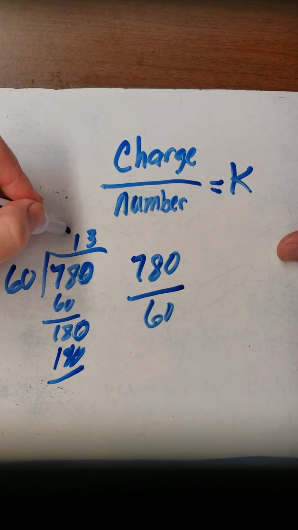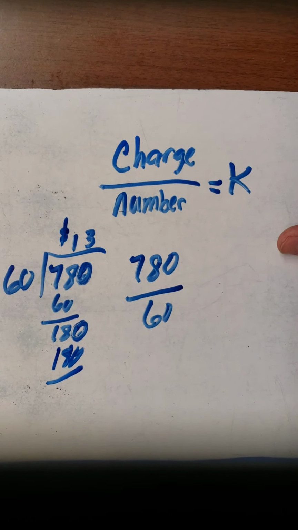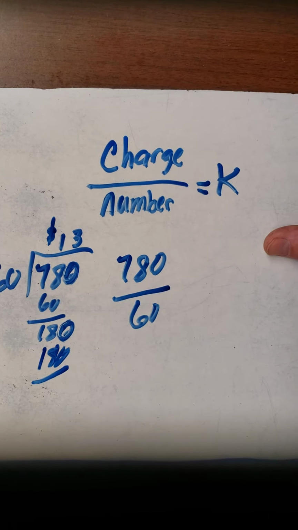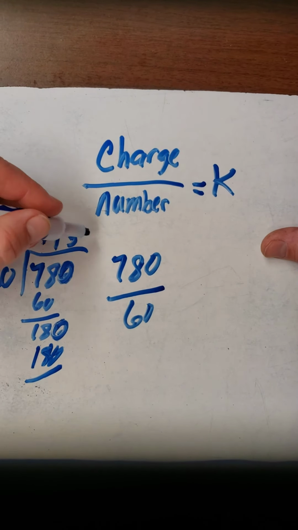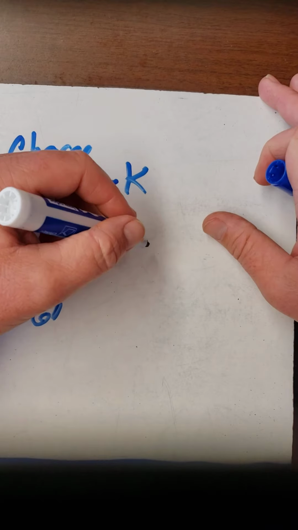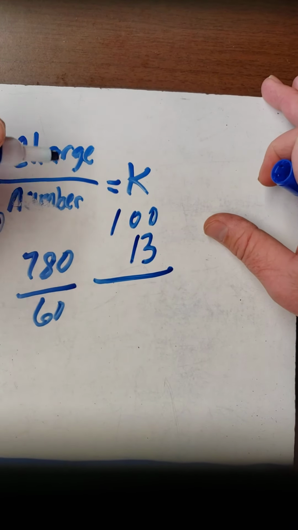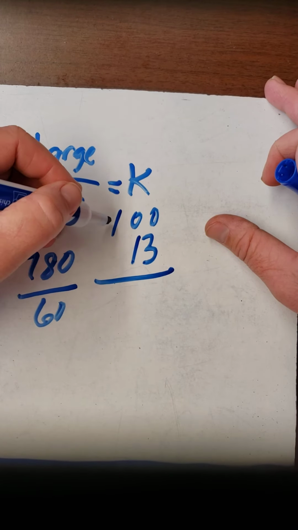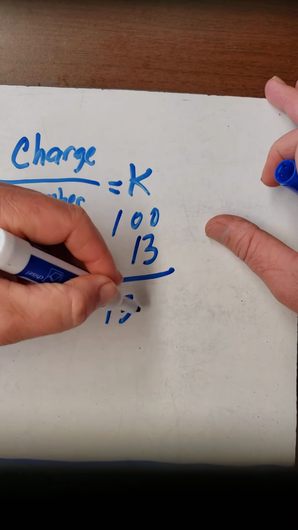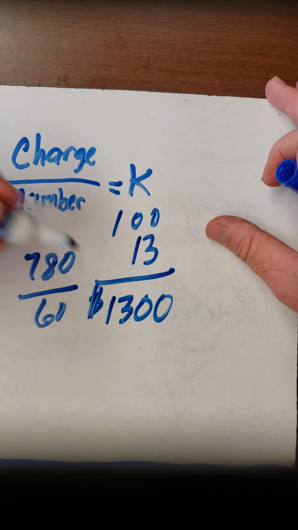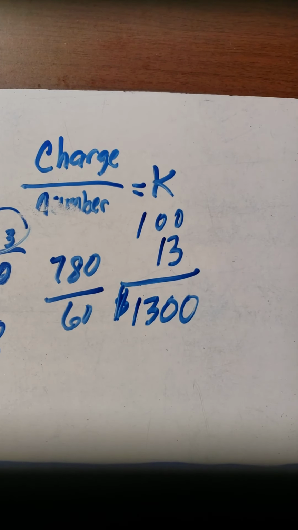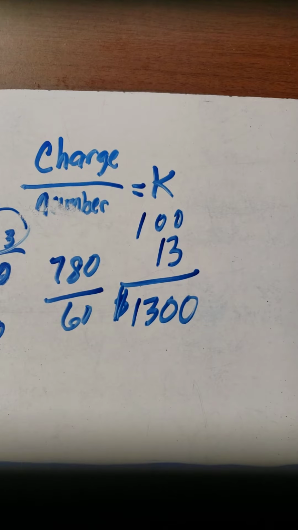So she charges $13 per person. So how do we find out what she charges for 100 people? Well, if we know that it's $13 per person, you just simply go 13 times 100. 13 times 1, add the 2 zeros. So that's how much she would charge for 100 people. It's $1,300. Okay, turning the page.